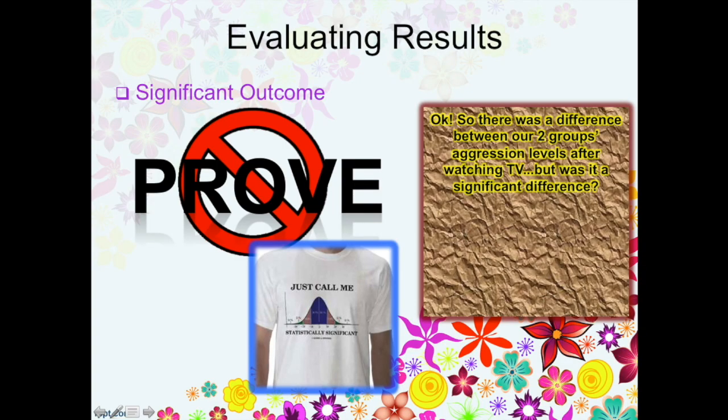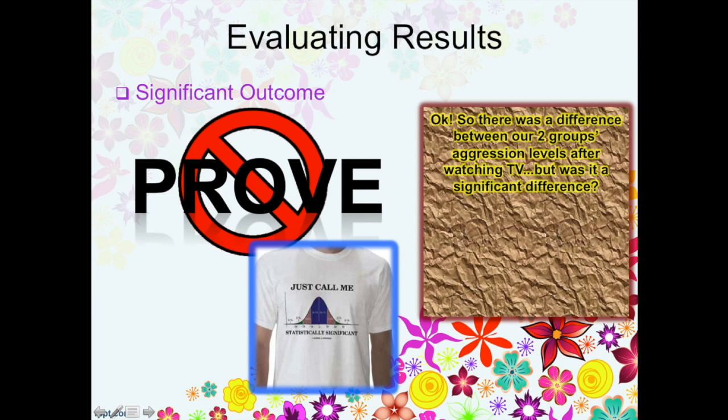So, the experimental group doesn't have 12 aggressive acts, and then the control group has 11 aggressive acts, and we're like, we did it, we supported our hypothesis. But the difference between those groups would have to be significant. So the experimental group would need to have like 20 aggressive acts, and the control group would need to have like 0 aggressive acts.